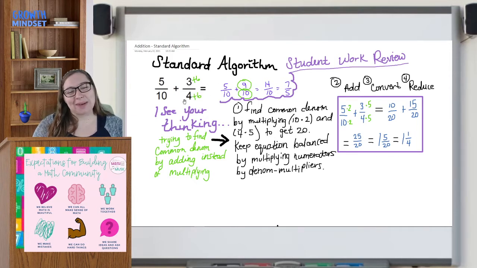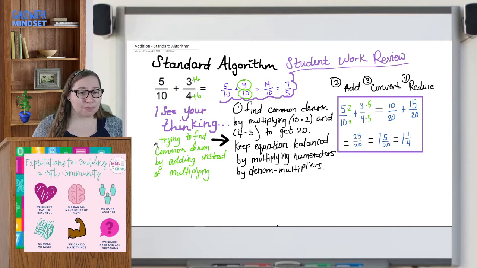Now this part made me smile because even though adding 6 is not quite the way that we're making this fraction equivalent to the other one, I really loved the way that they knew that if you add something to the bottom, to the denominator, you need to add it to the numerator as well, because it's going to keep the fraction balanced. Okay, so again, I really like the thought process here. I see your thinking, but we're not quite there yet. We're going to help you get through it, okay?